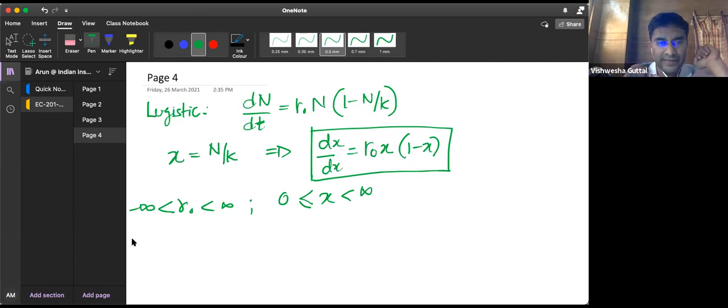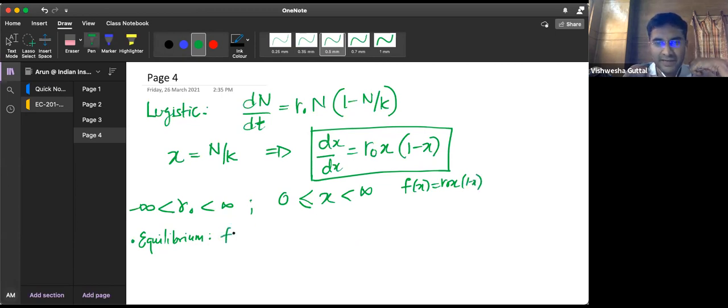So now how do we find equilibrium? We set f of x equal to 0. What is f? For this model, f of x will be r0 x into 1 minus x.